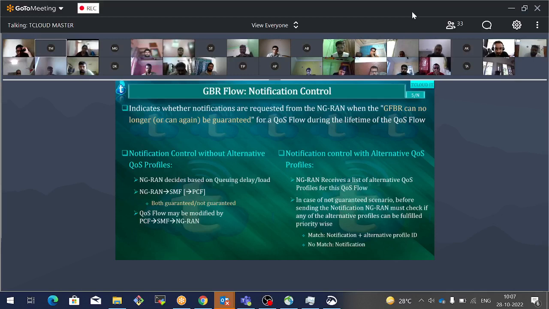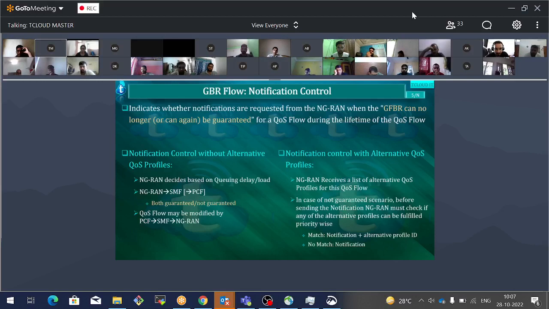When the SMF is asking the gNode B to create a GBR flow, at that time the network can say to the NG-RAN node, nothing but your gNode B, that, hey, I'm asking you to create a GBR flow. Now you have to estimate and tell me whether you will be able to provide the data rate that I'm going to promise for this particular flow, whatever guaranteed bit rate we have decided to use. You have to report to me about it.